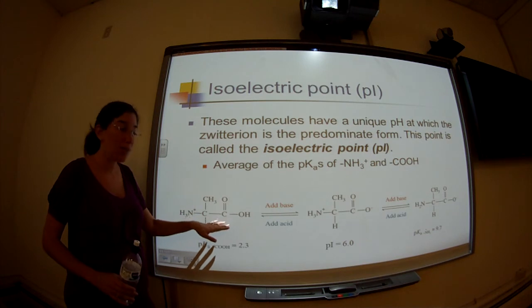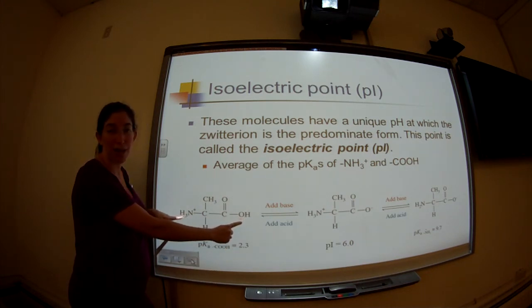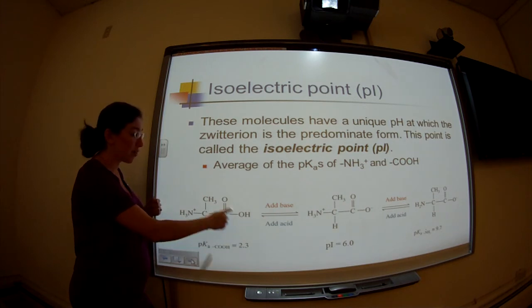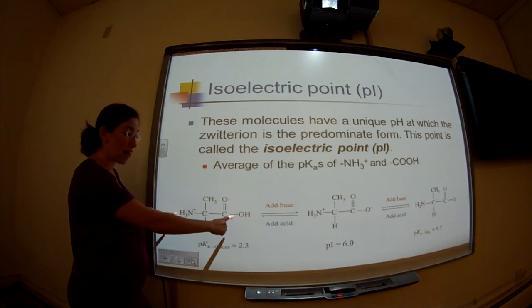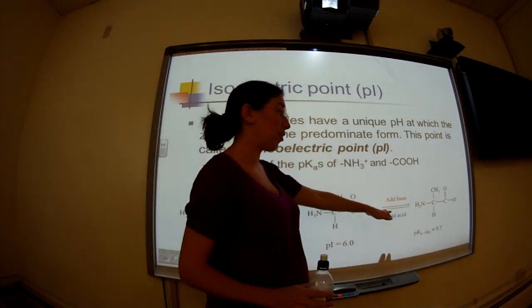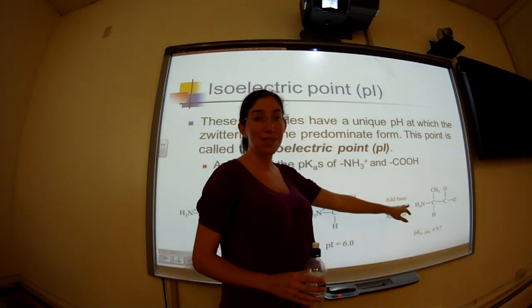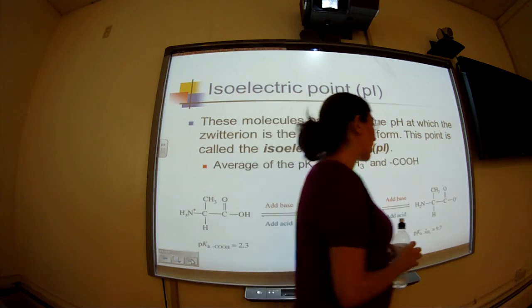There's so many protons around that both the acid and base group get protonated, okay? So at low pHs, both of the groups are protonated. At high pH, you are adding more base, it's more basic, there's less free protons around.